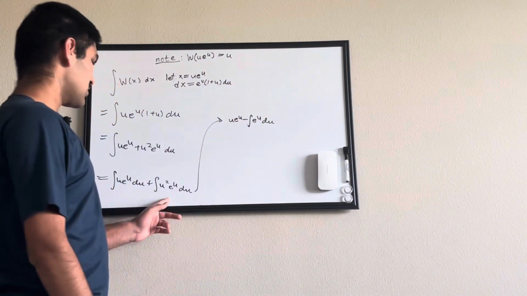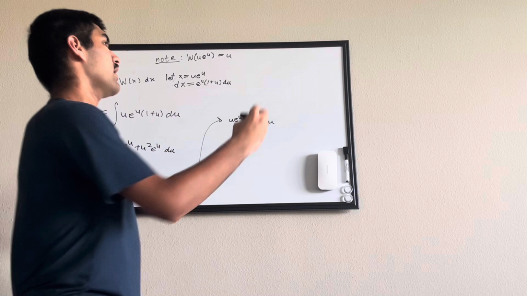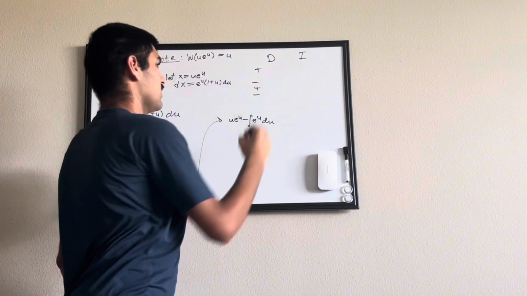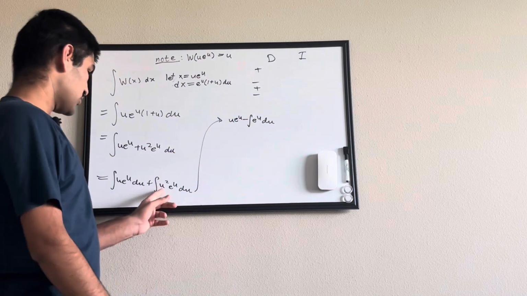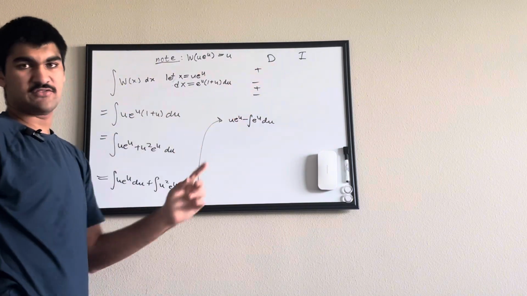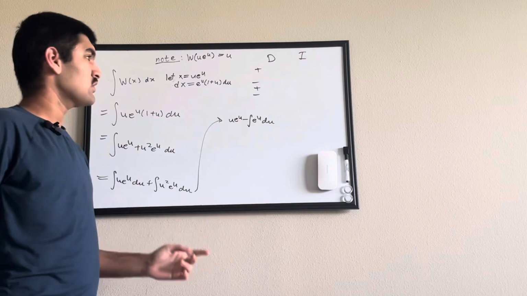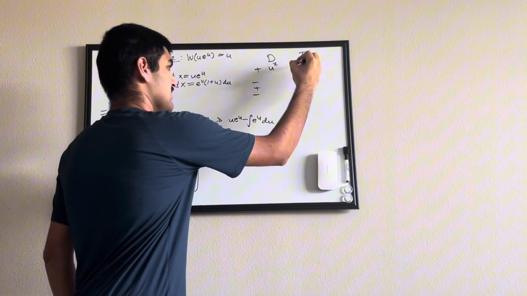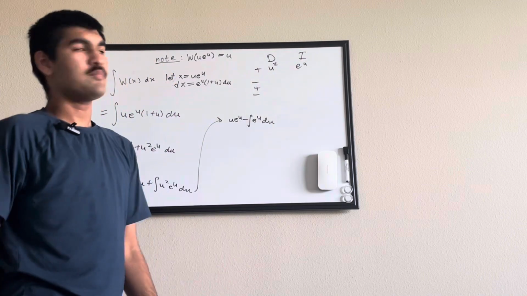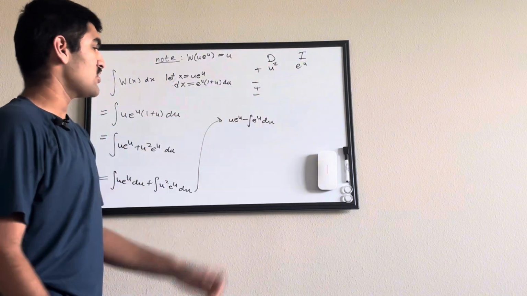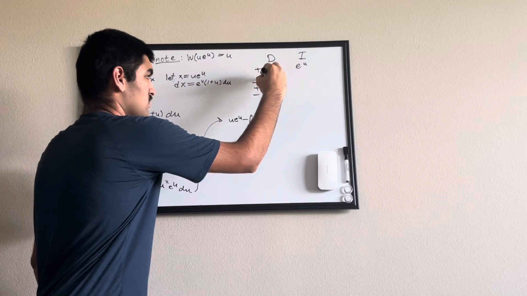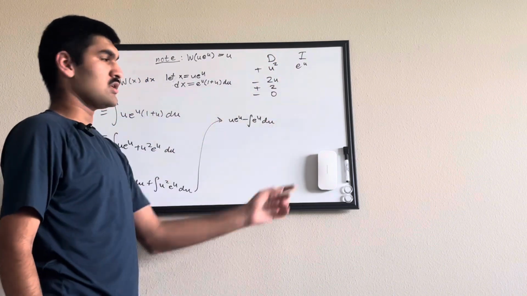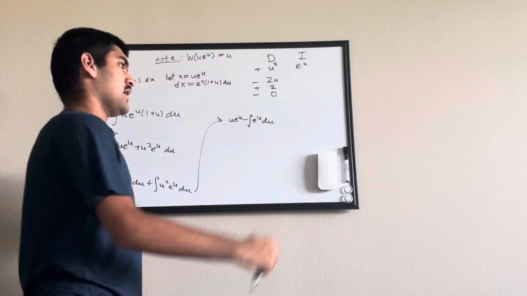And for the second integral, we can just use the DI method, right? In the DI method, you pick one of the functions to differentiate, which is what the D stands for, and then you integrate the other function. In this case, we will differentiate u squared and integrate e to the u. So the derivative of u squared is 2u, then 2, then the derivative of 2 is 0, and integrating e to the u, we just get e to the u all the way down.